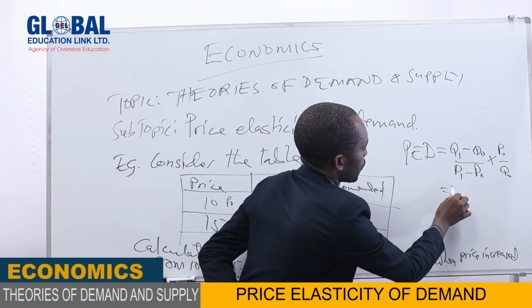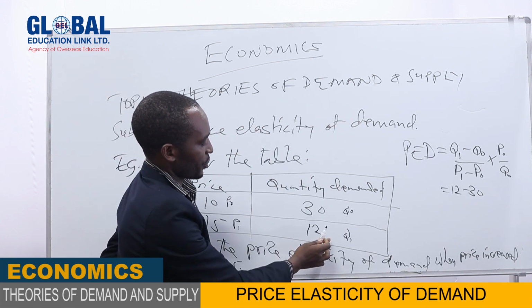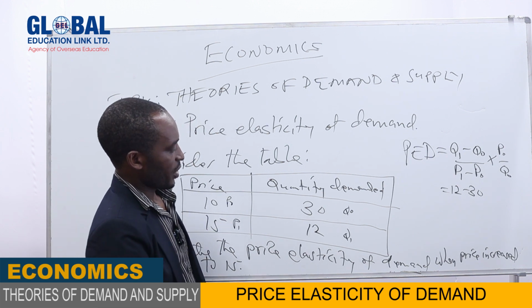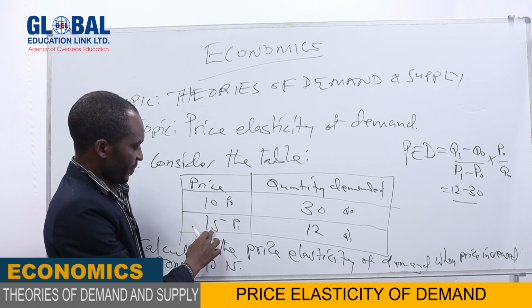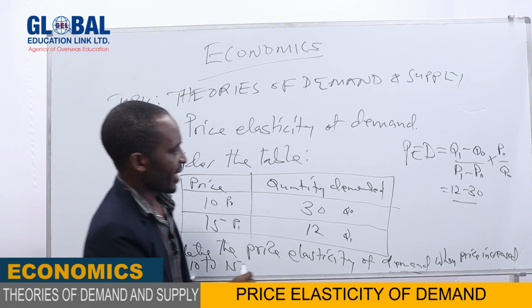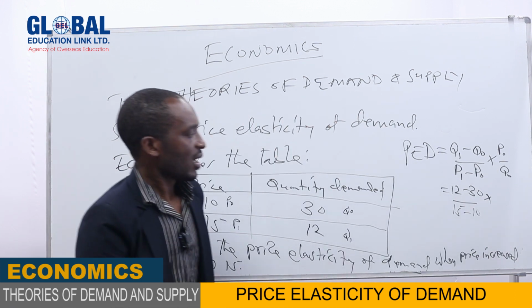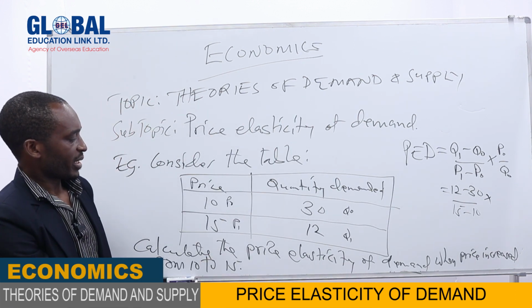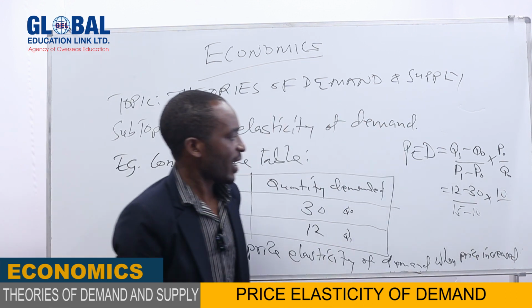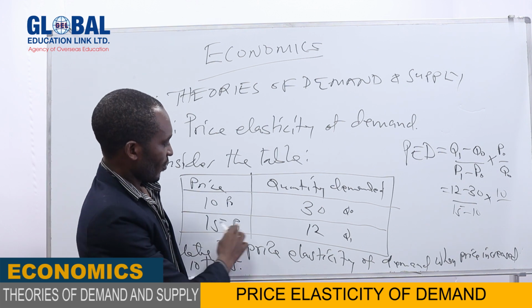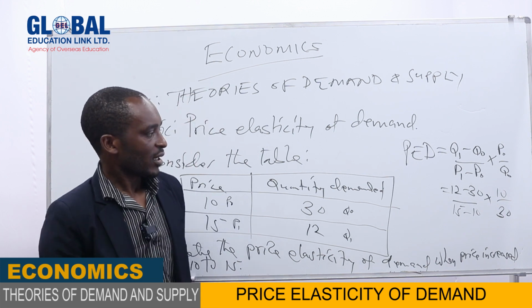Okay, now we can plug this information into our formula. It will be 12 minus 30, Q1 minus Q0, over 15 minus 10, times P0, which is the original price, 10, over Q0, which is 30.